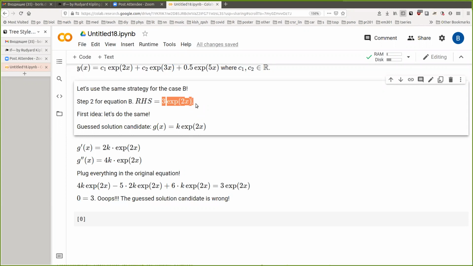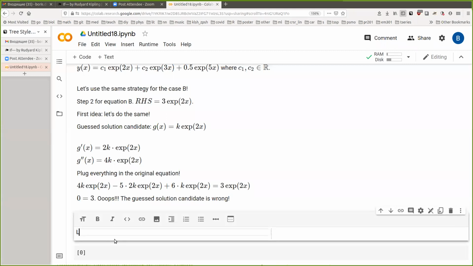Which is the simplest function, non-trivial, non-constant you can imagine? f of x is equal to x. Yeah, let's multiply by x.